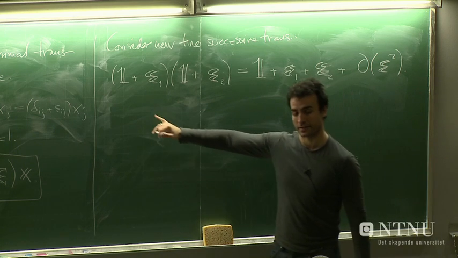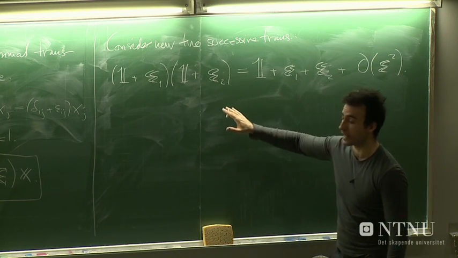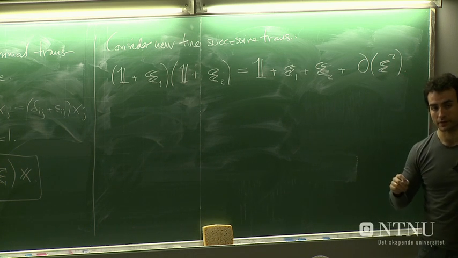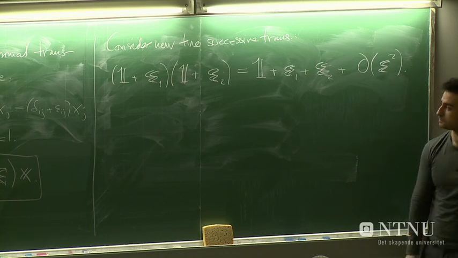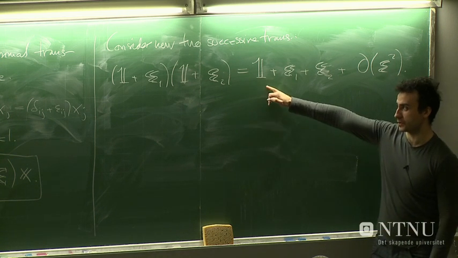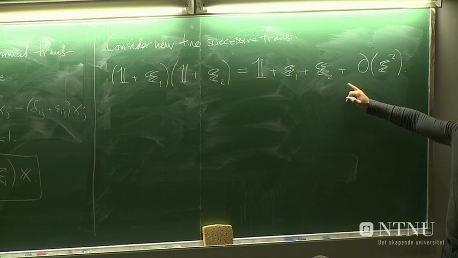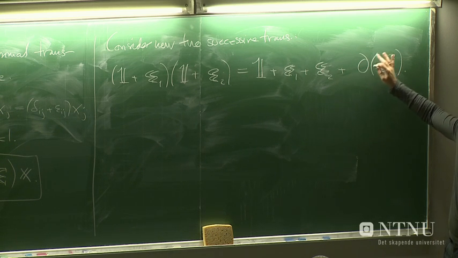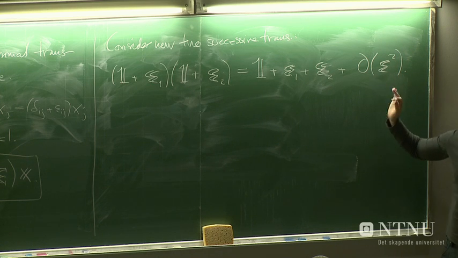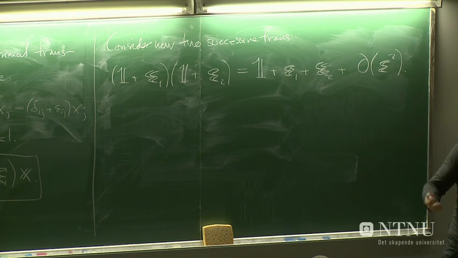So these are matrices. When we multiply them out, we have to consider their order, because we know that in general matrices do not commute. So the result is this, and then we get something which the rest of it is of order epsilon squared.